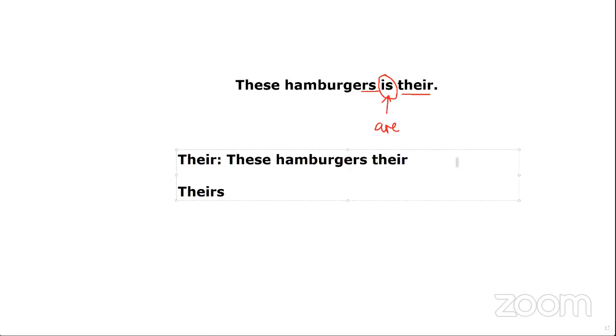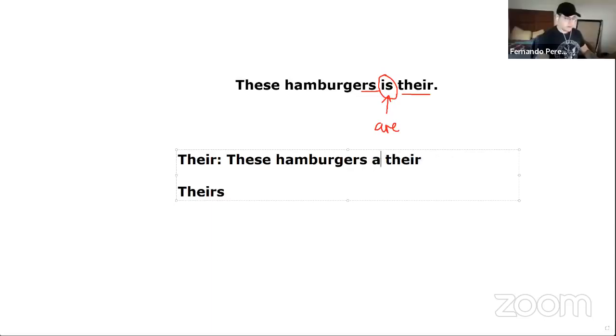They're. These hamburgers are there. Are there. Again, similar problem. Similar problem.